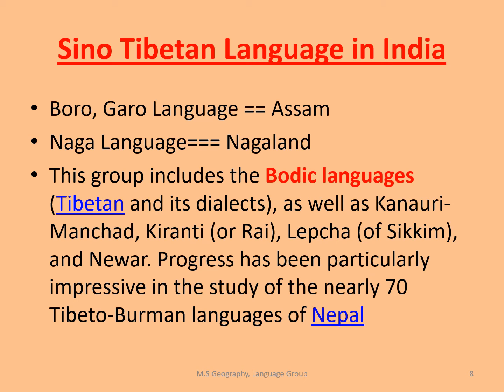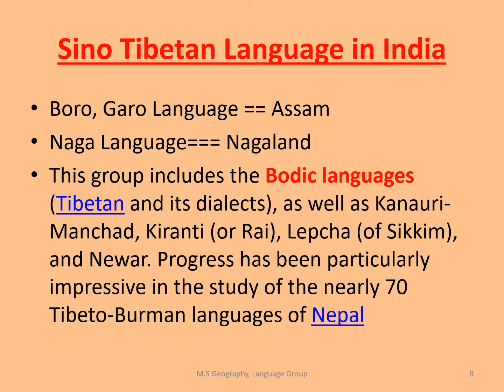The Naga languages of Nagaland are descendants of the Sino-Tibetan language group, and so are the languages of the people of the Tibet plateau and the various dialects of Sikkim, that is, the Lepcha people speaking in Sikkimese language, and the Rai language. All those dialects are descendants of the Sino-Tibetan language group.